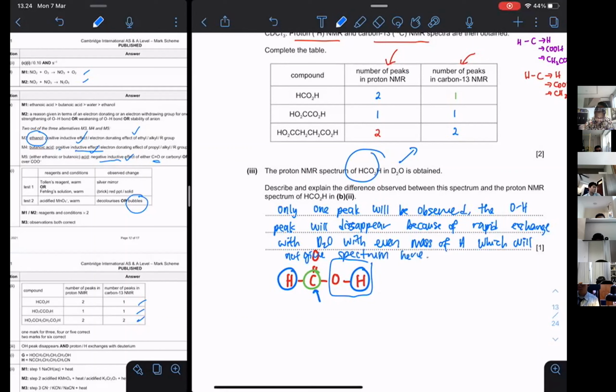Okay, so that is going to be 1. I think that's the only difference.